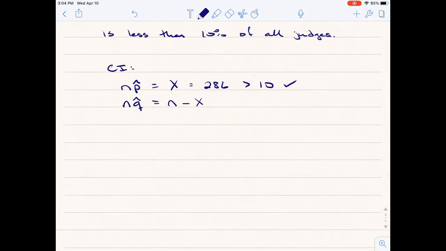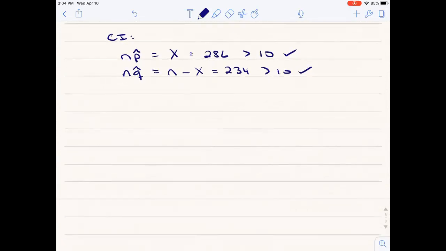Your sample size minus the number of successes, which in our case is 234, is also greater than 10, so it checks out. Therefore, assumptions are met or something like that. You don't have to say that, but just to show you that that's it for the assumptions.